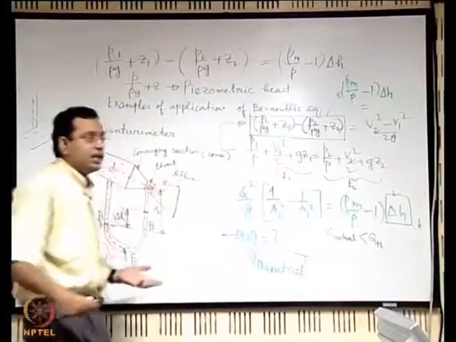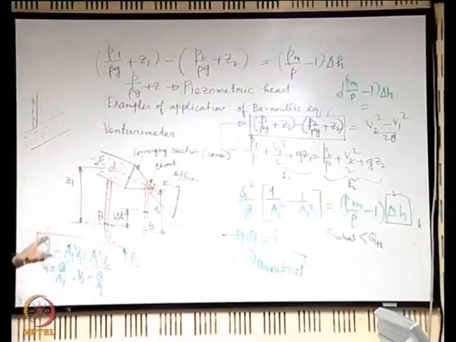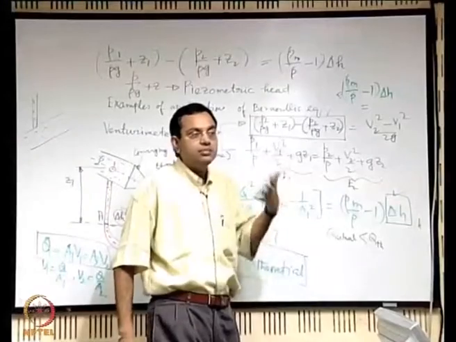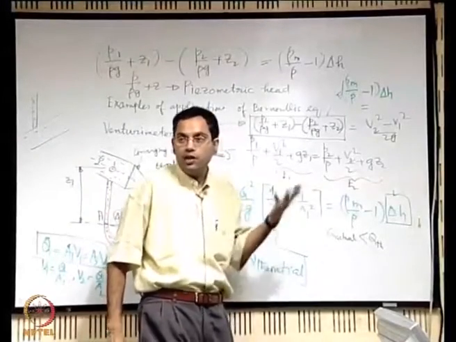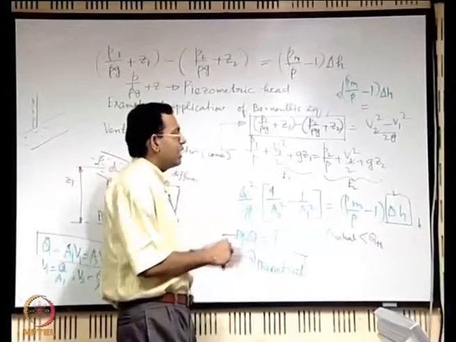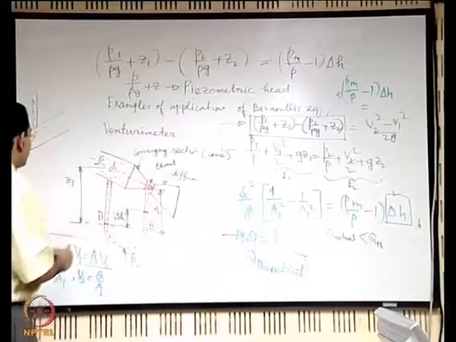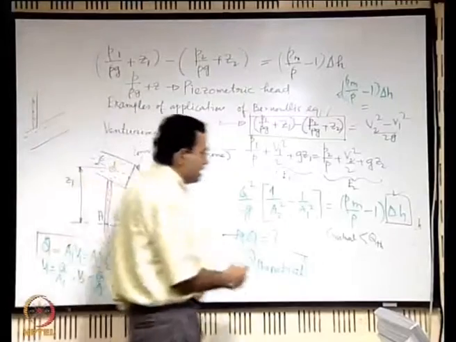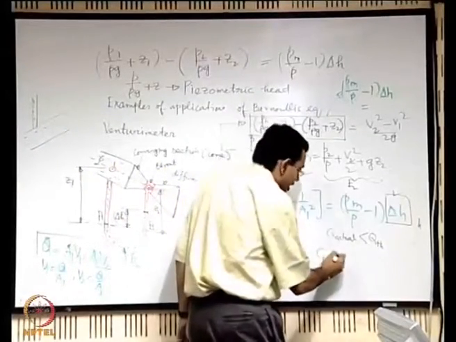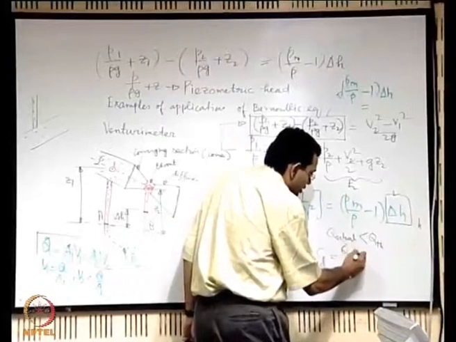Now, incidentally, engineers are such a class of people who are happy to get the final result disregarding maybe some mistakes which have already been made, and then to adjust that mistake, let us say that some adjustment factor is put. Let us say we call a new coefficient CD as Q actual by Q theoretical.